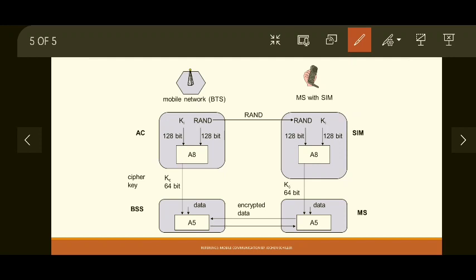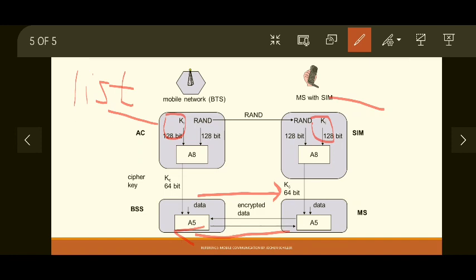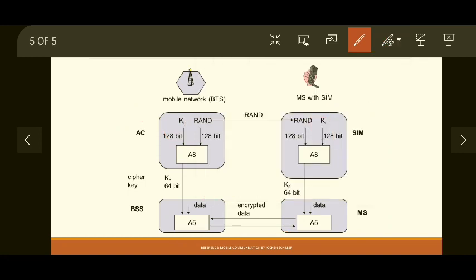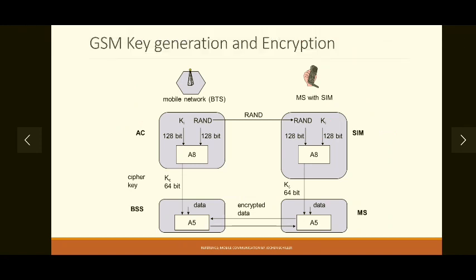Whatever data is sent by the base station can be decrypted by the mobile station, and whatever data is generated by the mobile station can be decrypted by the base station. In this case also, the authentication key is locally stored in the SIM card, and this authentication key is taken from the list of keys available at the network end. So this is how encryption is performed. It is a very simple scheme, and this is how confidentiality is maintained over the wireless interface.